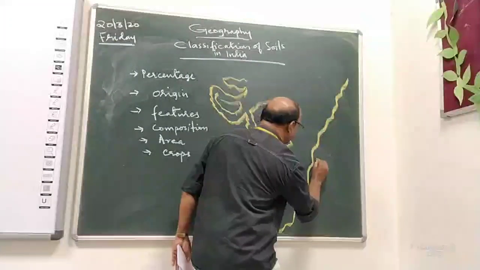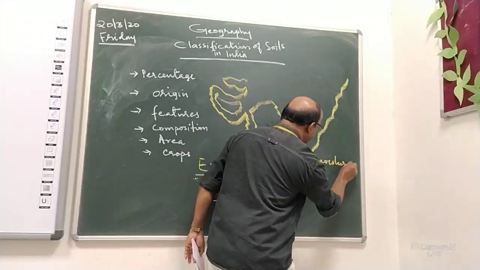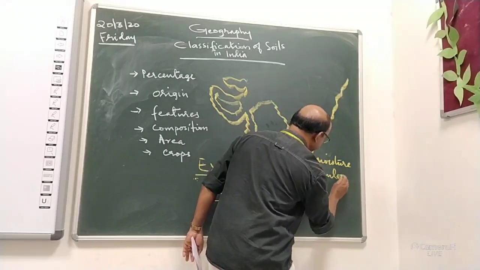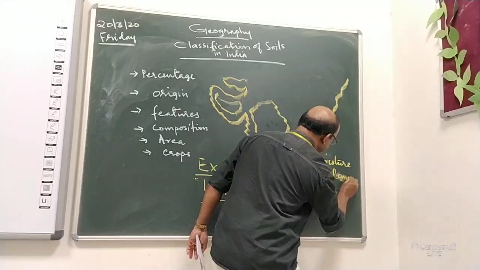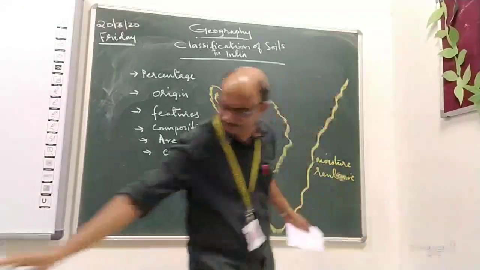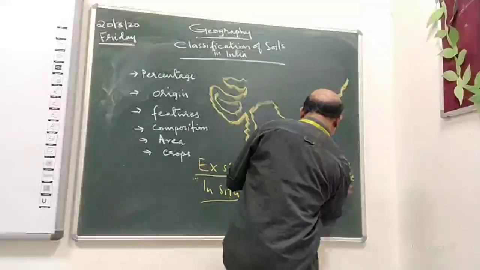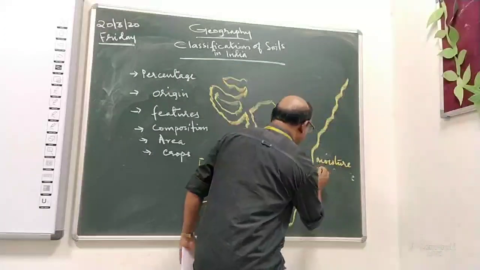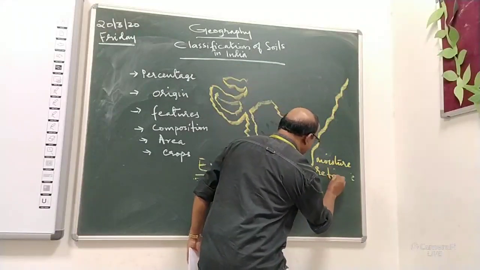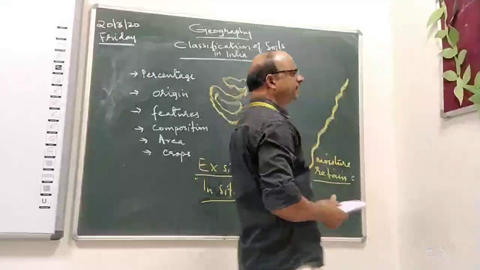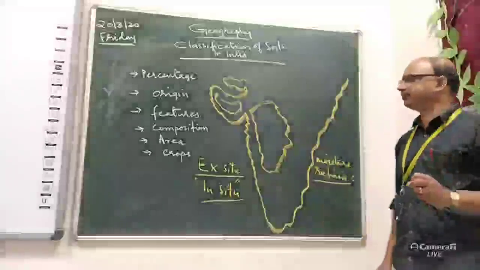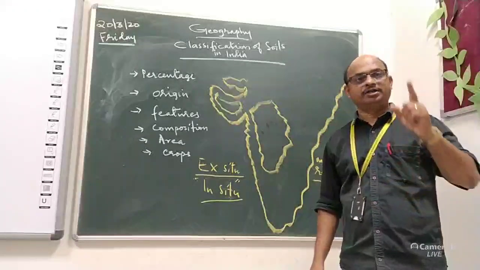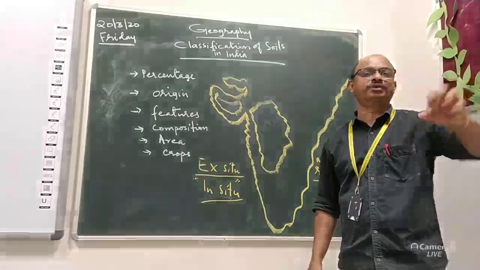Moisture retentive means, for example, if one rainfall happens in that particular area, the moisture will be there for at least 1 week.